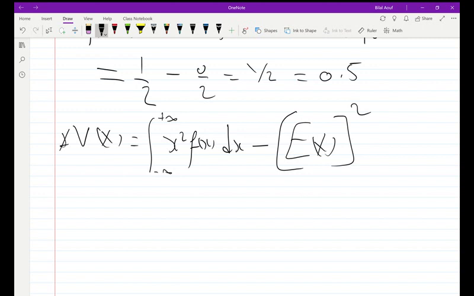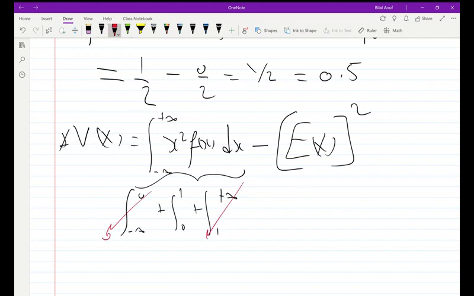I do the same work as before and divide it into three integrals: minus infinity to 0, 0 to 1, and 1 to plus infinity.